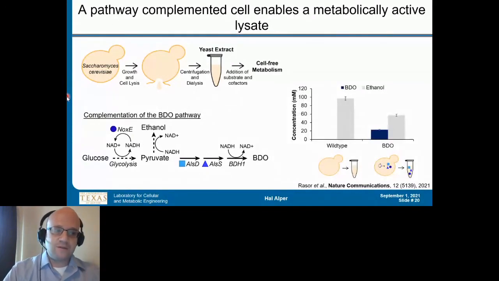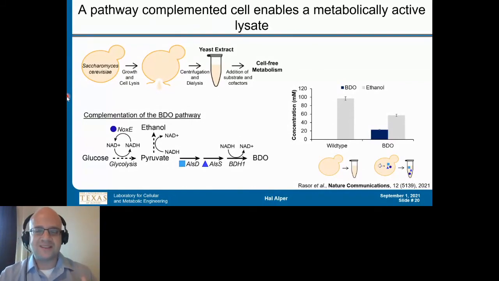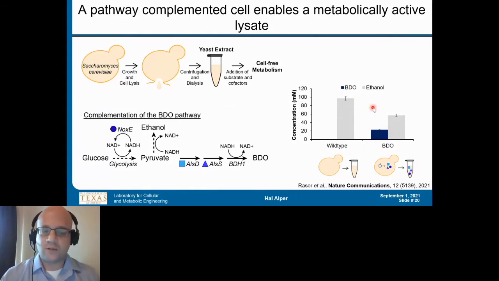When we have new pathways in that cell-free lysate, that in vitro-based system has that same type of metabolic capacity. So we can see that when we've complemented that cell, it produces BDO, and it produces a little bit less ethanol as a byproduct because it's just shifting that carbon over there.